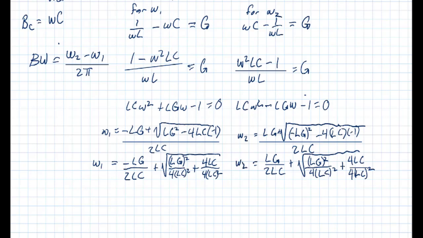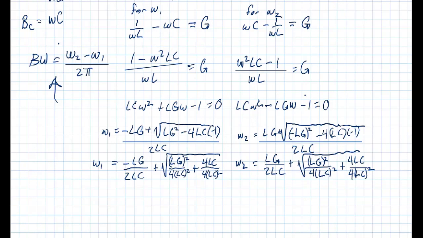Now, what's neat about this is that that messy stuff that's under the radicals, since we're interested in the bandwidth, recall up here that the bandwidth is omega 2 minus omega 1 over 2 pi. And everything's the same except for the sign on the first term between the two, omega 2 and omega 1.